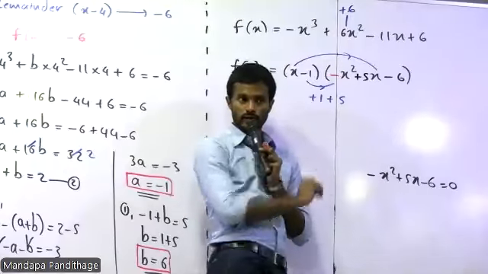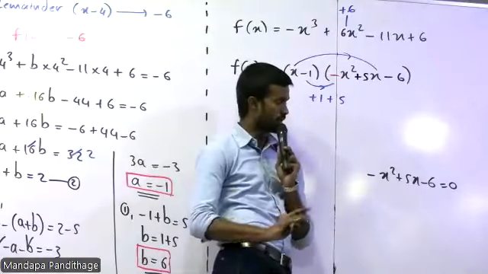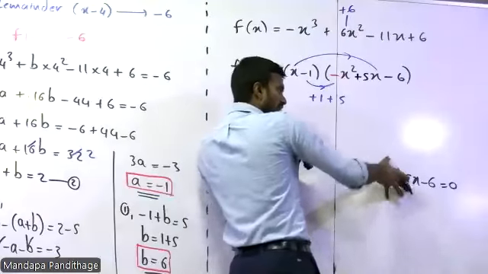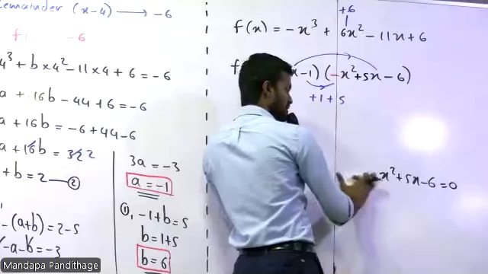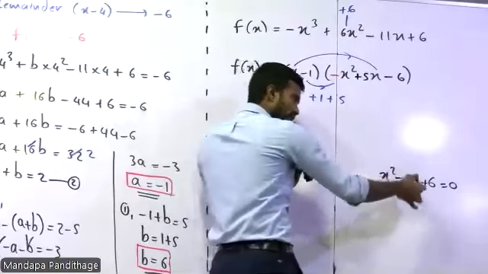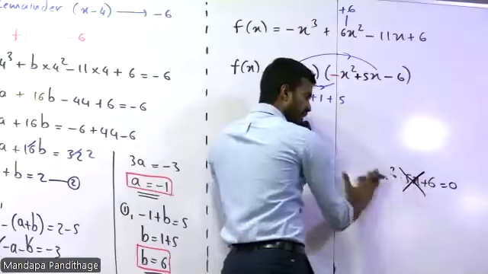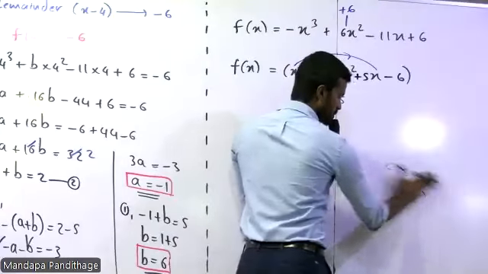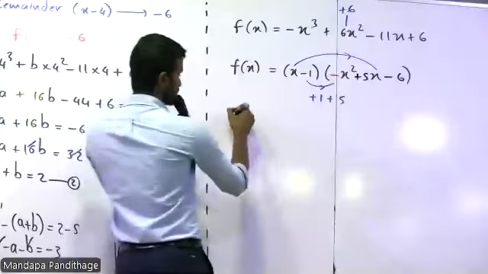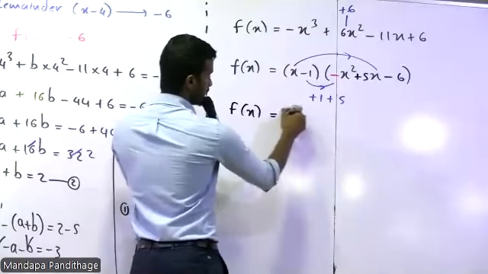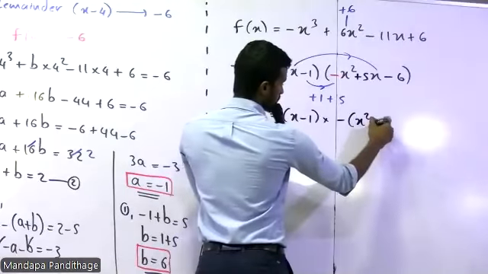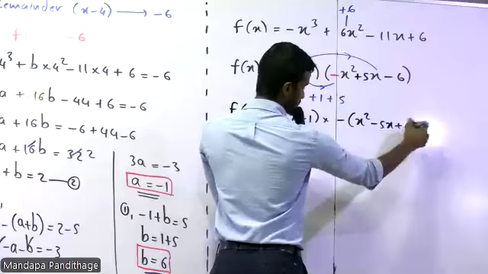So normally the first step is you either multiply by minus 1 or take this to this side and you make this plus, this minus, and this becomes plus. Because we like to factorize a quadratic when the x squared term is positive. For that purpose, I'm taking this minus out and it becomes x squared minus 5x plus 6.